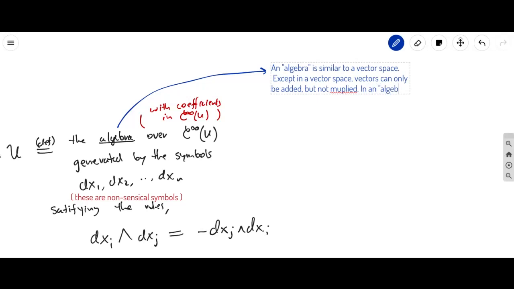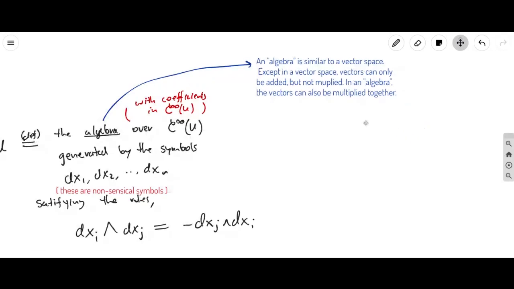In an algebra, the vectors can also be multiplied together. So you can say an algebra is one step above a vector space. So we're saying that these symbolics can be multiplied together.